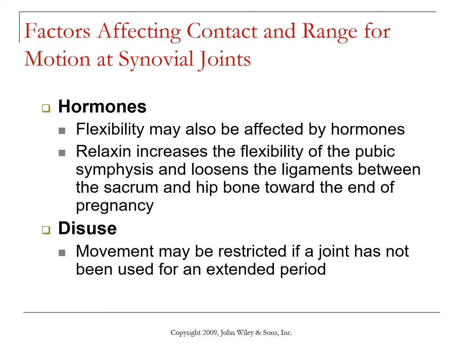A fifth factor to consider is hormones. Certain hormones affect the flexibility of joints. For example, the hormone relaxin increases the flexibility of the pubic symphysis as well as loosening the ligaments between the joints throughout the body, including the synovial joint between the coxal bones and the sacrum toward the end of pregnancy.